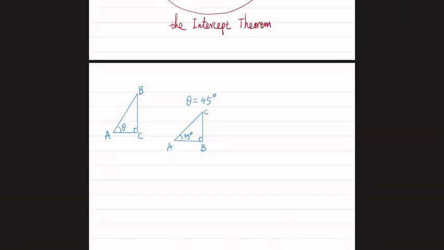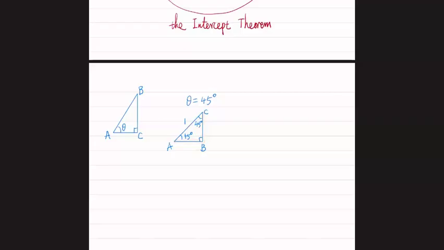Okay, let me check. Isabel, what can you say about the angle C? 45. What's the degree of angle C? Okay, it's also 45 because the total of the interior angles is 180. Now, if this side is 1, because the two angles are the same, this is an isosceles triangle, so these two sides have the same length.